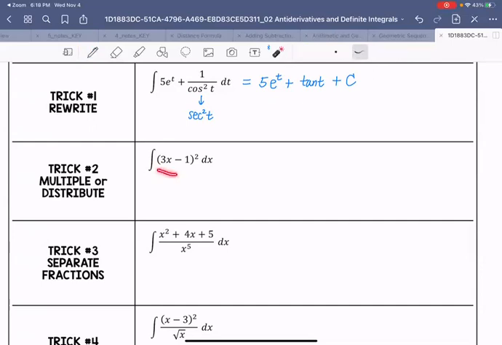Now next one. There are two ways to do this question. Okay, let's do the first way. Because your variable is x, it's with respect to x, so we want to expand this one. Make sense?